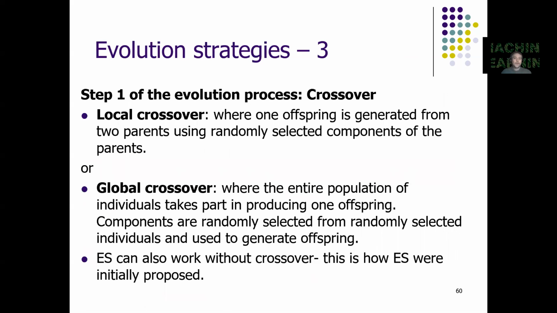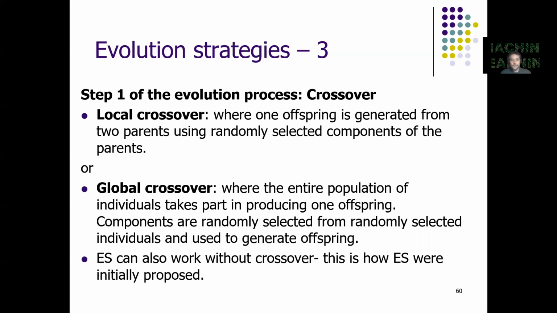When it comes to crossover, again it is different. In GAs, you just decide how many crossover sites you're going to have, and then you crossover: one site, two sites, three sites, uniform crossover, use the crossover mask. Here, the situation is slightly different. We have two steps.